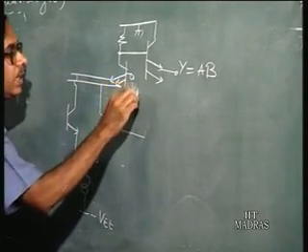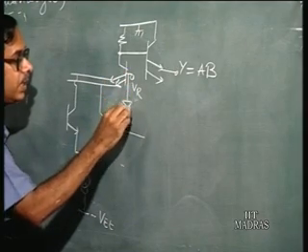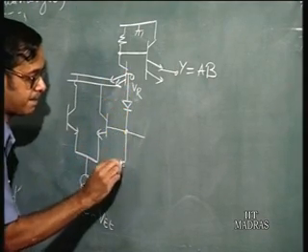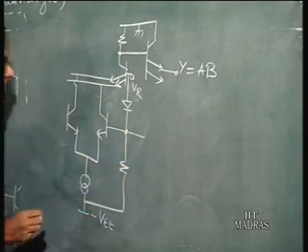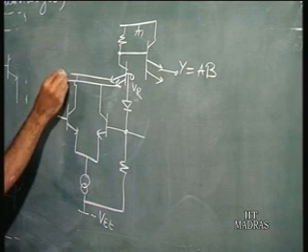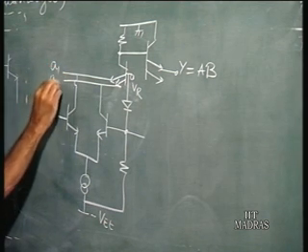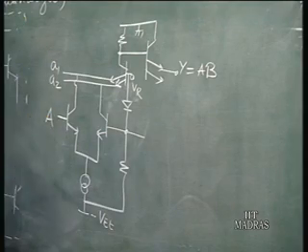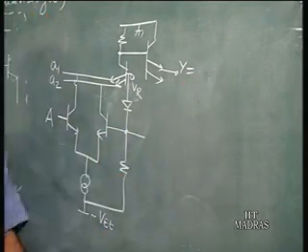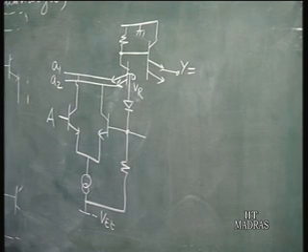So this is VR, from here you have a diode drop to here, and say let me call this A1, let me call this A2, and this is called capital A. What is the output? That is what is important in this circuit.